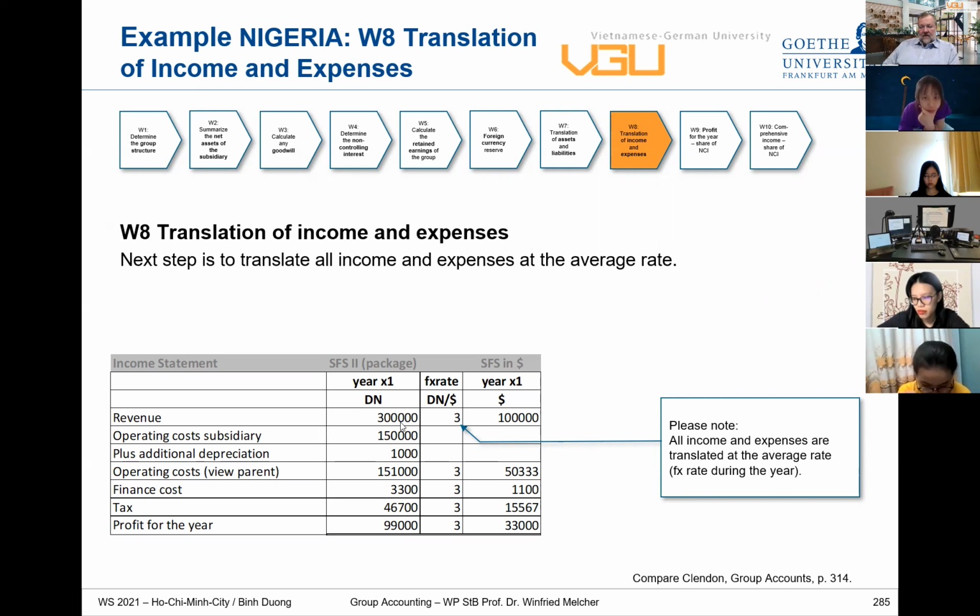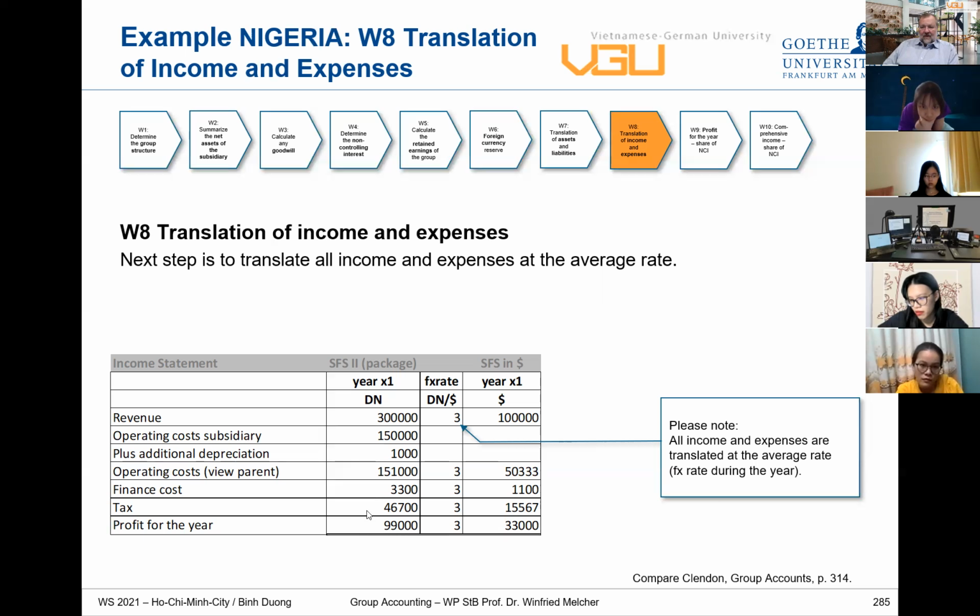So revenue 300,000 divided by 3 is 100,000. We have operating costs of the subsidiary. We have to add the 1,000 additional depreciation, and then we have the normal operating cost, the finance cost, and the taxes.